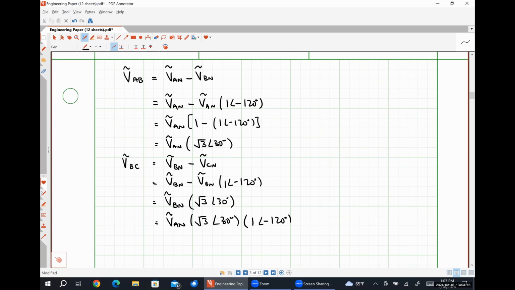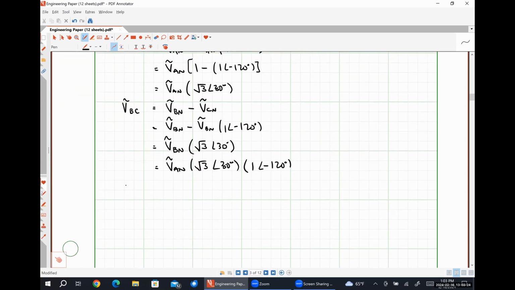So we're going to wind up having same magnitudes and 120 degrees phase separation for all of our line voltages as well. VCA would be VCN minus VAN, which is going to look like VAN √3 angle 30 times 1 angle negative 240.